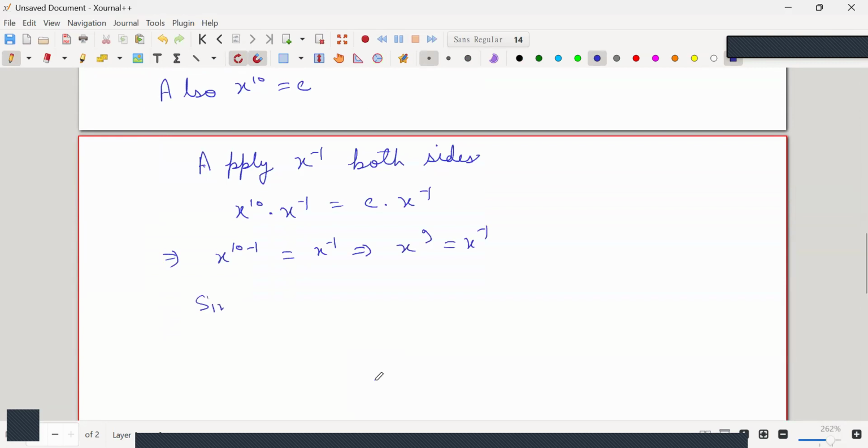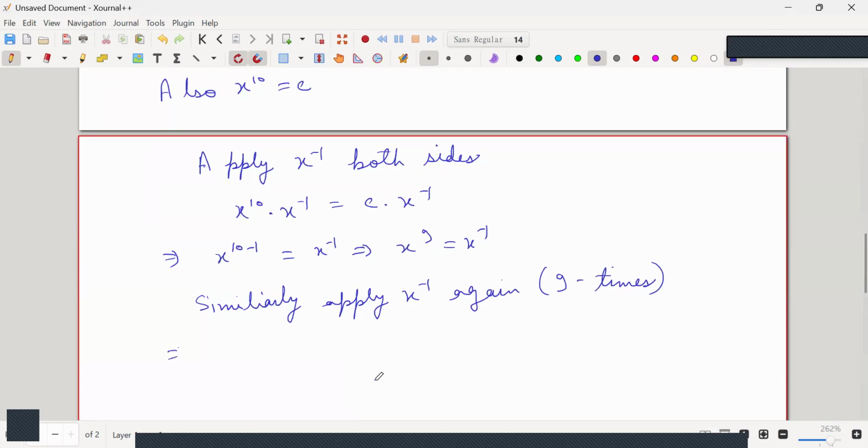Similarly, apply x inverse again. How many times? Maybe 9 more times.